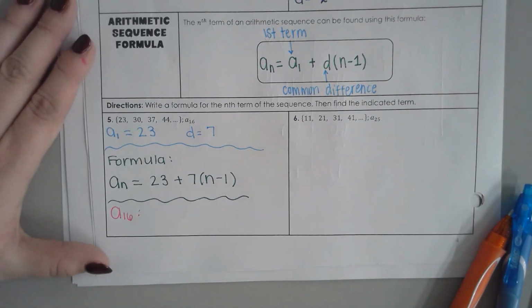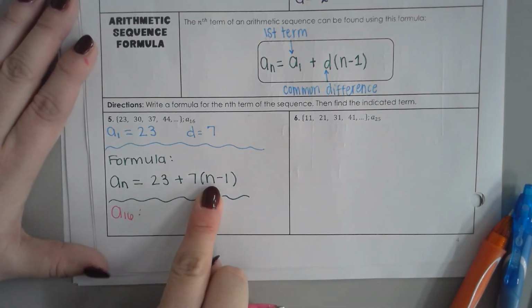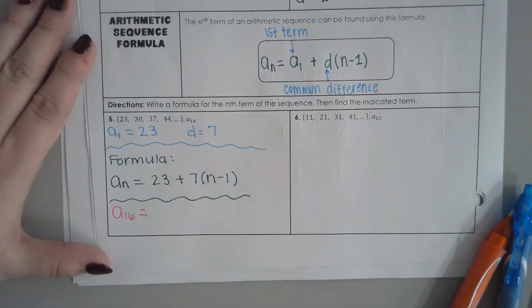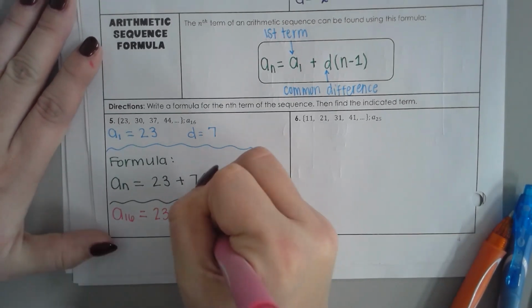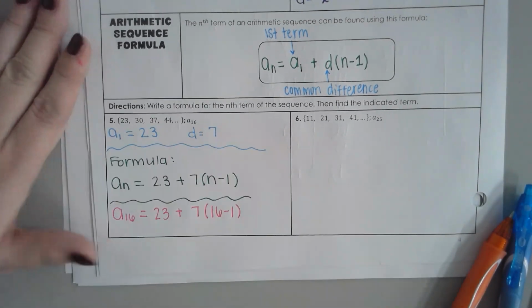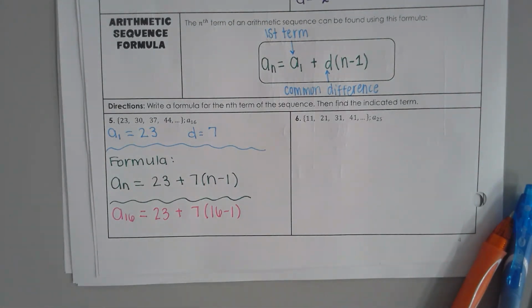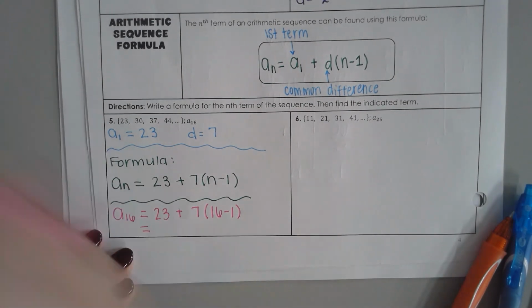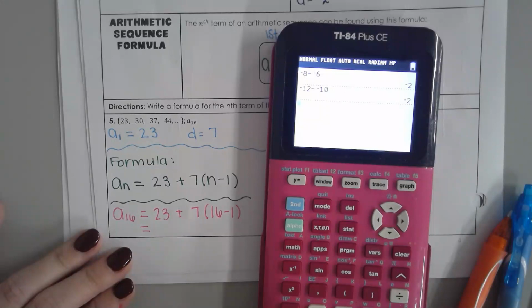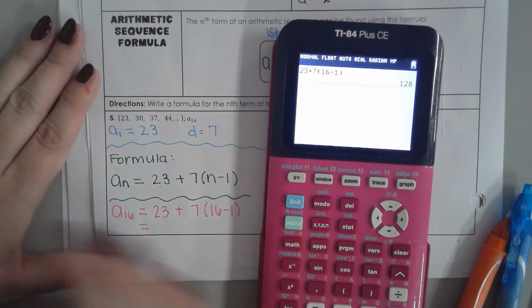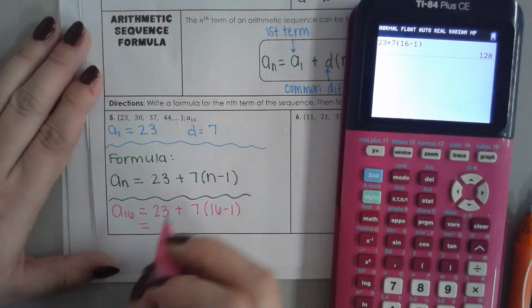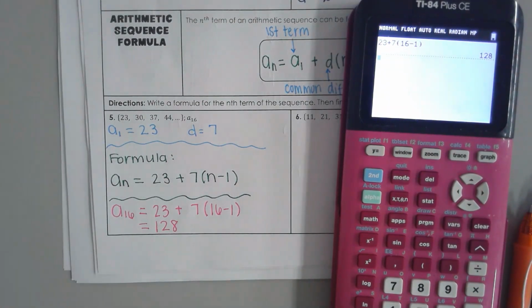So what you're going to do is plug in 16 for N. So A16 equals 23 plus 7 times 16 minus 1. And you're just going to type that in your calculator. 23 plus 7, and then in parentheses, 16 minus 1 gives you 128.